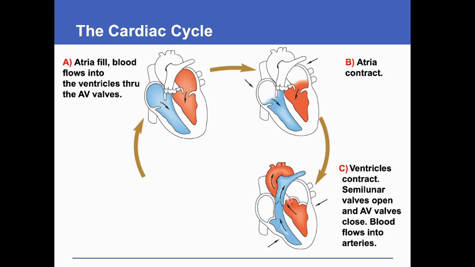The semilunar valve on the left side, the aortic semilunar valve, and the semilunar valve on the right side, the pulmonary semilunar valve. You want the semilunar valves to open with this one-way flow of blood from the ventricles up into these pipes, and you want the AV valves to close. You want them to slam shut so that blood does not go backwards into your atria.